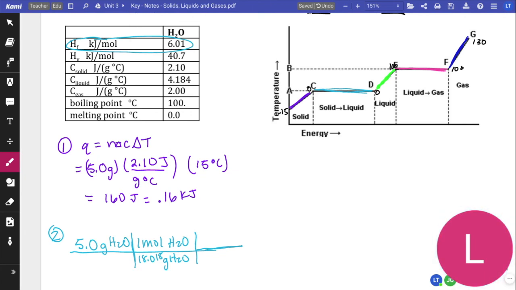From our heat of fusion, I know that in 1 mole of water, it is 6.01 kilojoules. That saves us a step of having to find moles and then solve for it. You can just plug it all into the same equation, saving yourself a little time by plugging it into the dimensional analysis. So then I would have 5 times 6.01 divided by 18.018.